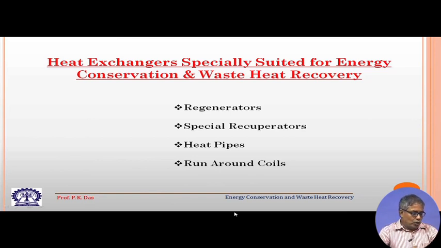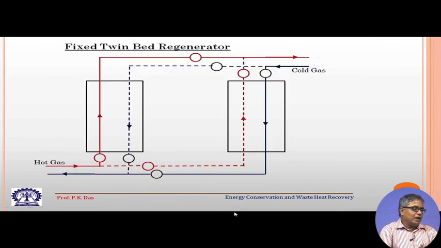So, let us explain this with the help of a diagram. First we can see the fixed twin bed regenerator, and these two box-like arrangements are called beds. In these beds we have the storage material or matrix.